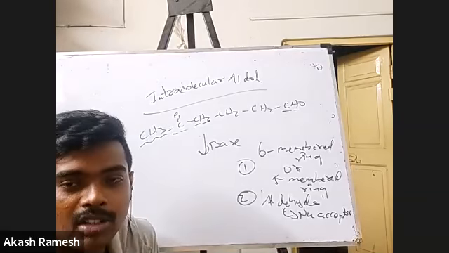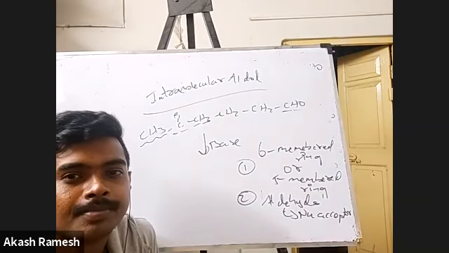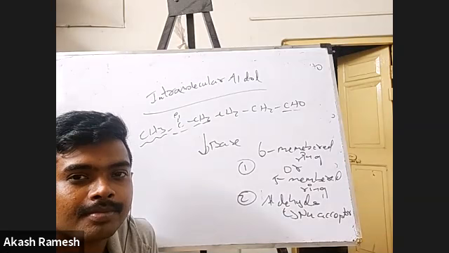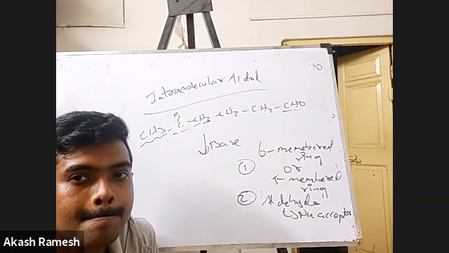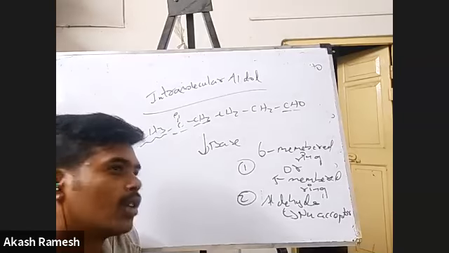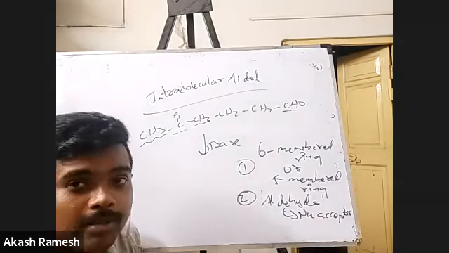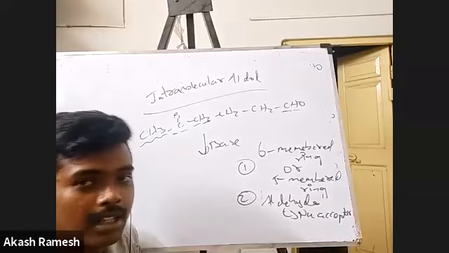Electronic reasons, correct. Can you give me a solid explanation? Aldehydes can have a better carbocation... No, here there is no carbocation. Actually, more partial positive charge. Okay, that makes sense. Yes, that's the answer.